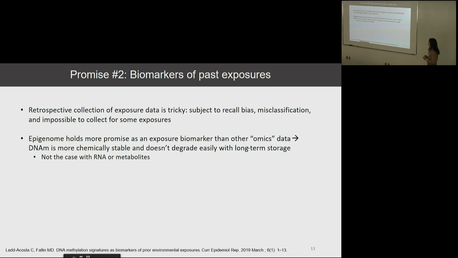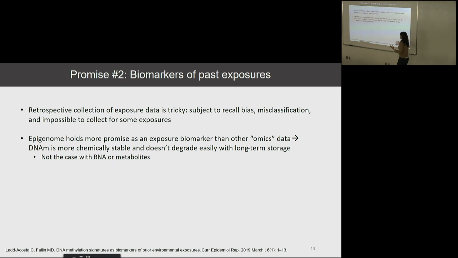And here, the epigenome holds a lot of promise as an exposure biomarker, especially compared to other omics data, because DNA methylation tends to be more chemically stable and it doesn't degrade easily with long-term storage. This is not the case with RNA or with metabolite data.